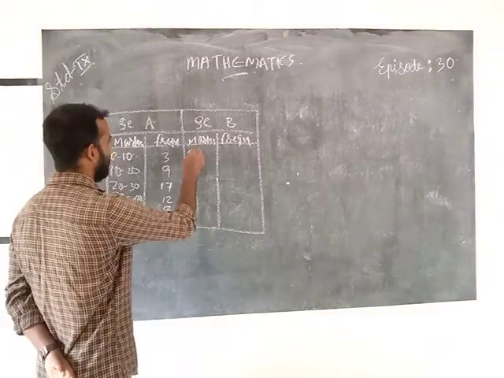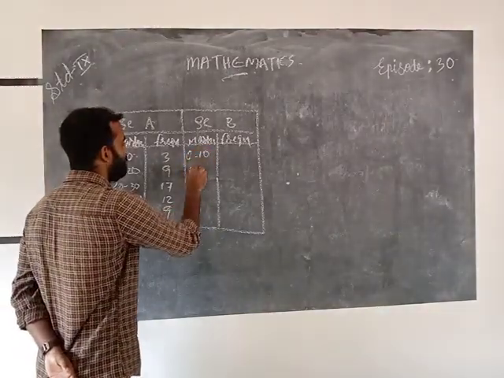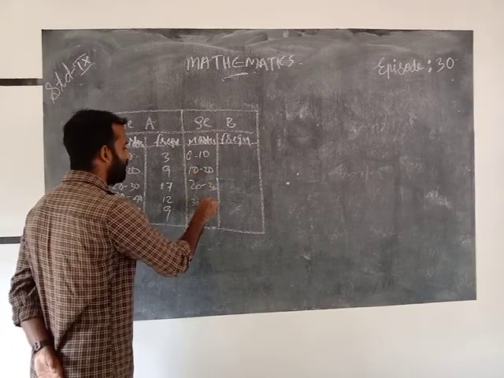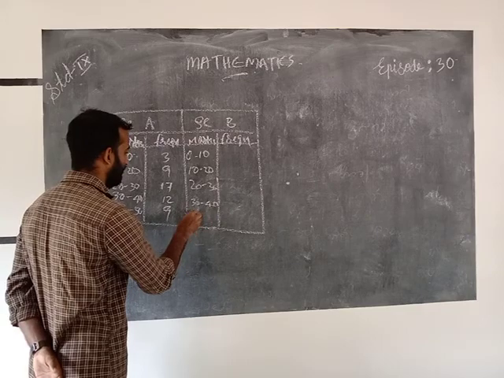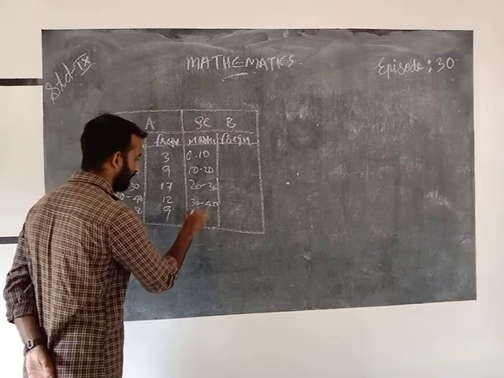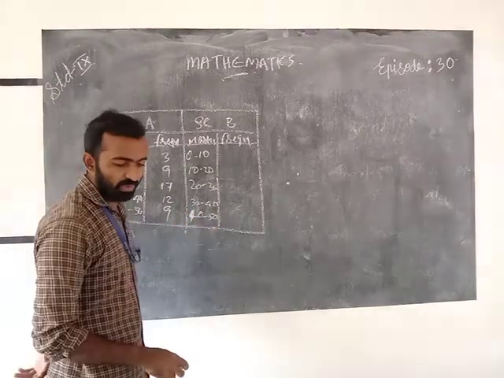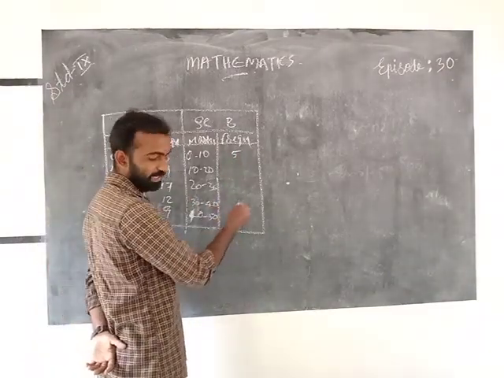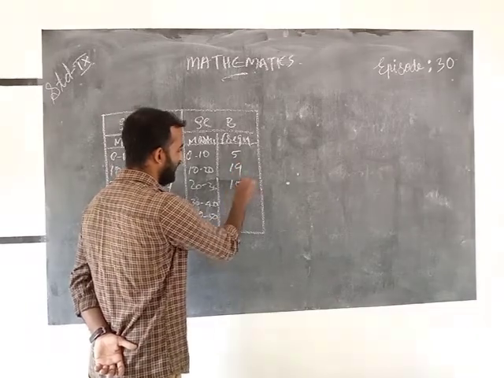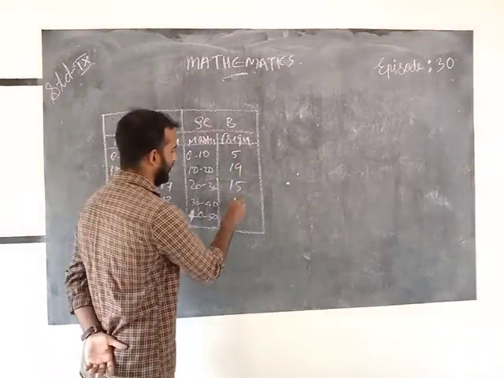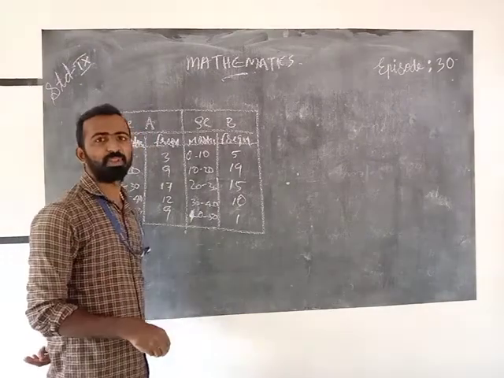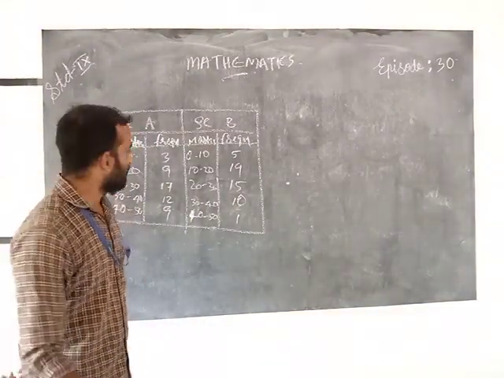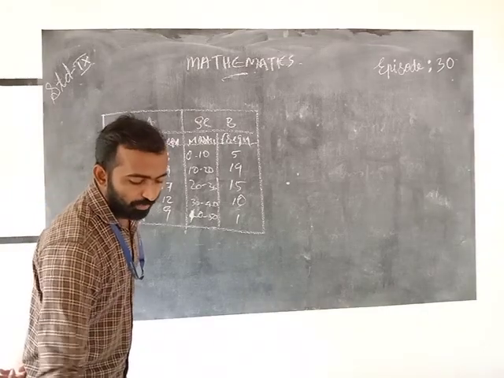And here are the same marks, 0 to 10, 10 to 20, 20 to 30, 30 to 40, 40 to 50. For section B, the corresponding frequencies are 5, 19, 15, 10, 1.